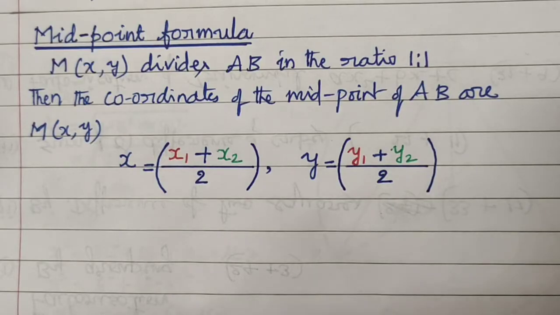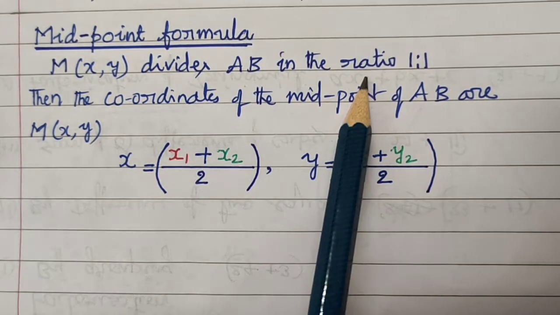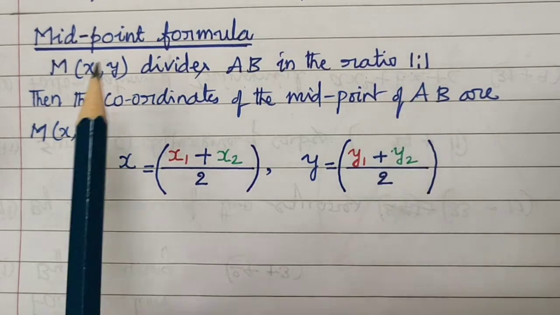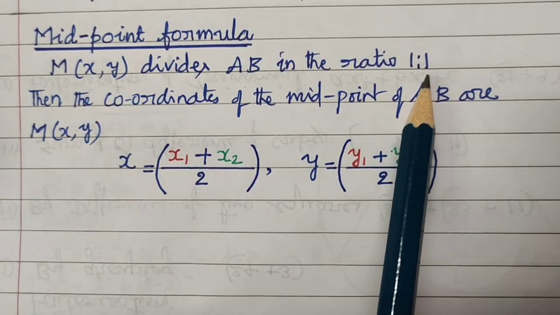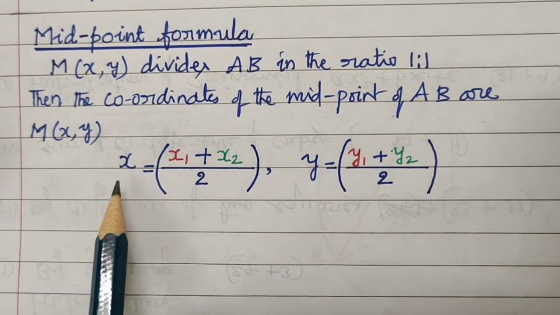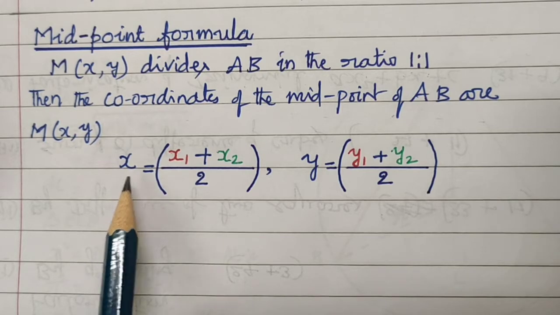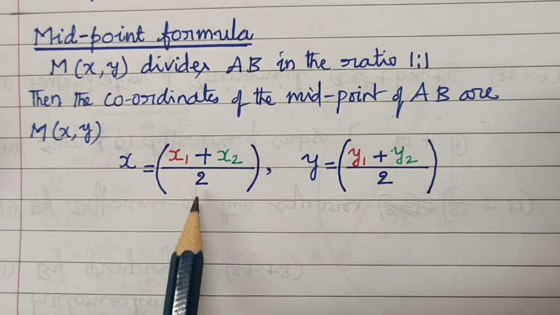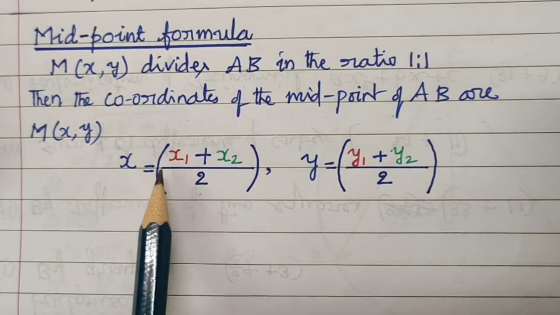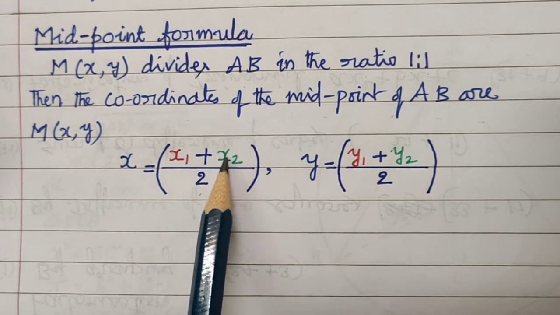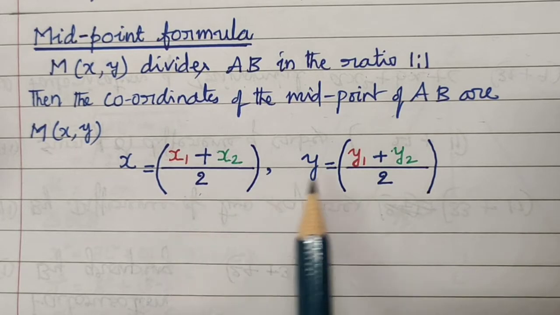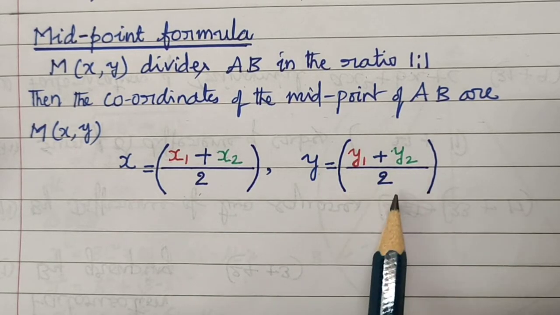Midpoint formula. M(x, y) divides AB in the ratio 1:1. Earlier it was dividing in the ratio m:n. When M divides AB at the midpoint, the coordinates of the midpoint are given by x is equal to x1 plus x2 divided by 2, because m is equal to 1 and n is equal to 1, so m x2 plus n x1 becomes x1 plus x2 divided by 2. y is equal to y1 plus y2 divided by 2.